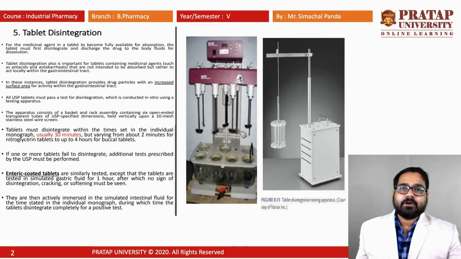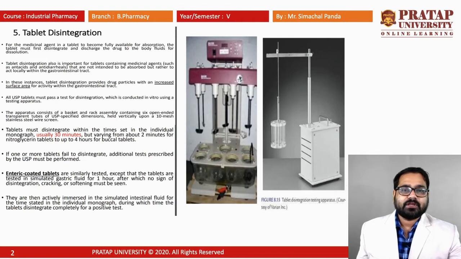There are different mechanisms by which the tablet gets inside the GIT and disintegrates into different parts. In order for the drug to be released and give action in our body, the drug has to come out from the dosage form and become soluble in the body fluid.